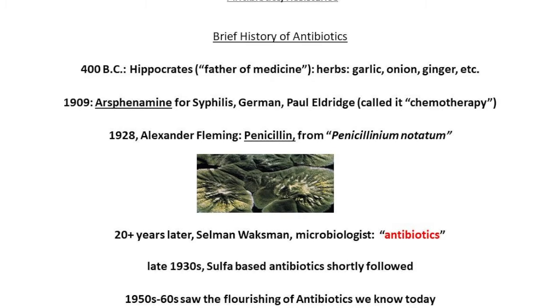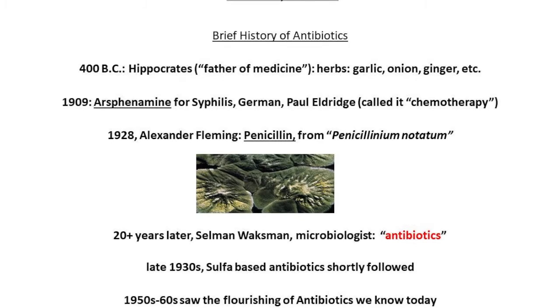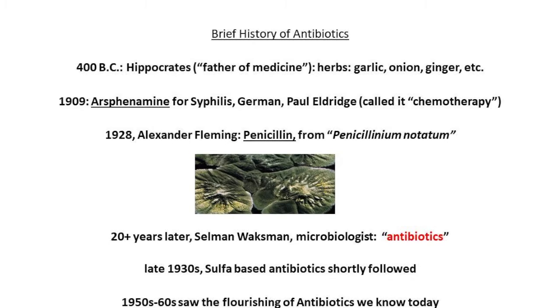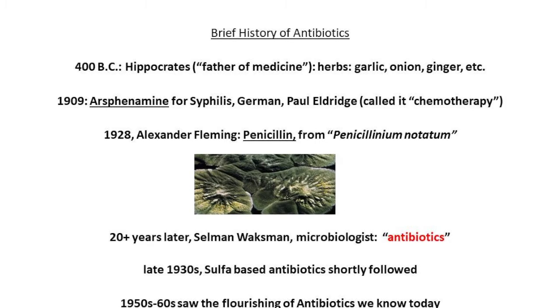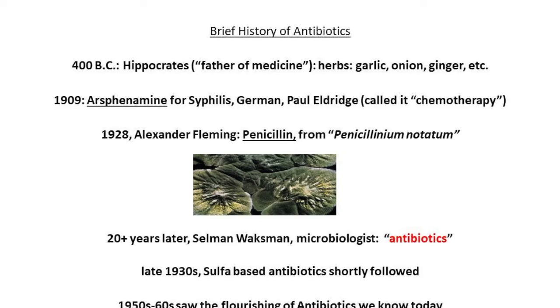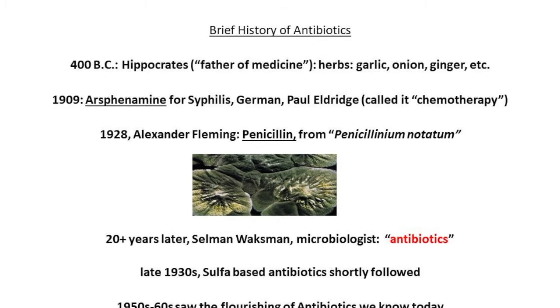And this guy called Ehrlich, a German chemotherapist, came up with what was supposed to be an antibiotic, but he called it a chemotherapy used against syphilis. That was in 1909. About two decades later, Alexander Fleming was the first one to really come up with an antibiotic. That was penicillin.